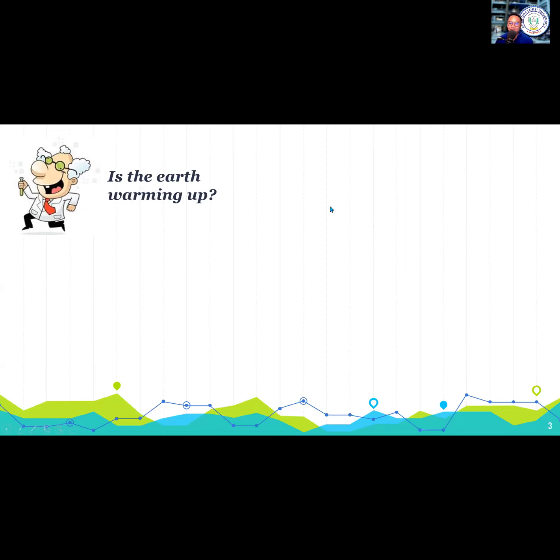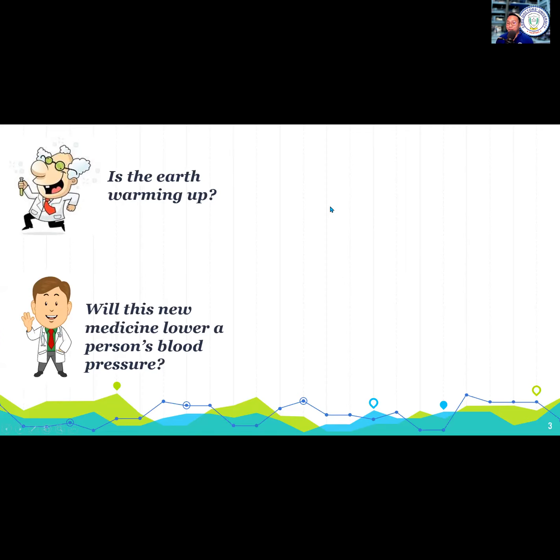Next question. Will this new medicine lower a person's blood pressure? Good question, right? We cannot immediately say yes or no unless there's evidence provided. The same thing goes for the vaccine for COVID-19. Before we can say if the vaccine is really effective or not, it goes through a lot of phase trials, right?